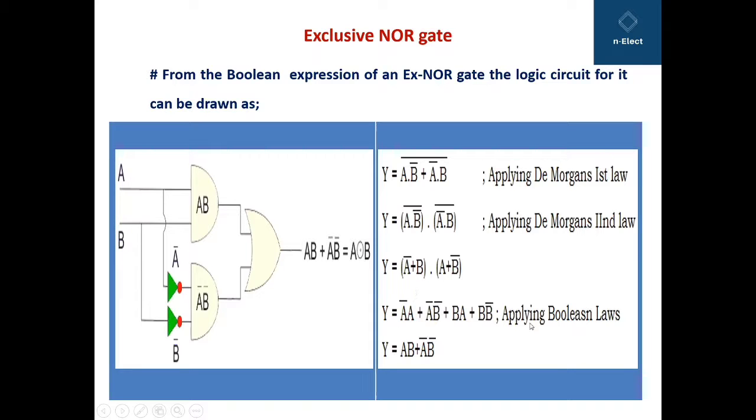Applying Boolean laws, multiplication is done within this bracket and this bracket, I will get A bar into A plus A bar into B bar plus B into A plus B into B bar. By applying Boolean laws to this, A bar into A is always 0, B bar into B is also 0. So I will get A bar B bar plus B A, which is nothing but this equation, which can also be written as A circle dot B.